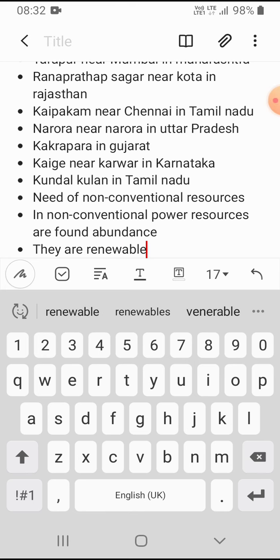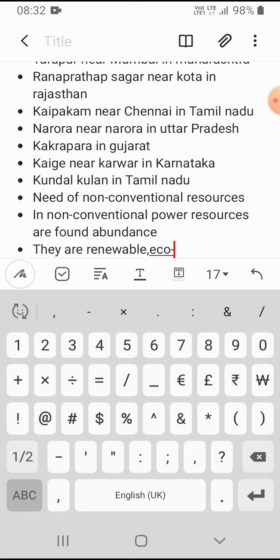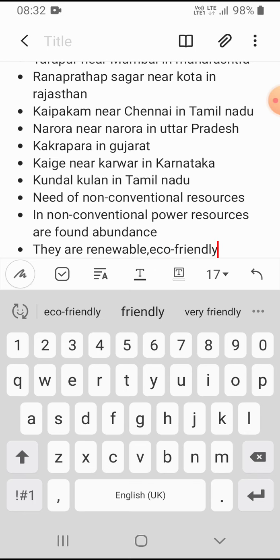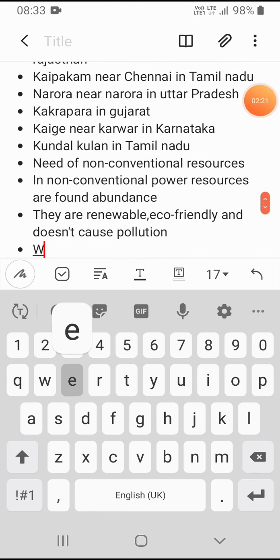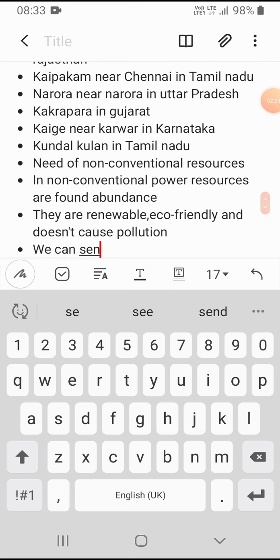We can produce them again, and they are eco-friendly and do not cause pollution. And we can send that power to rural as well as urban areas.